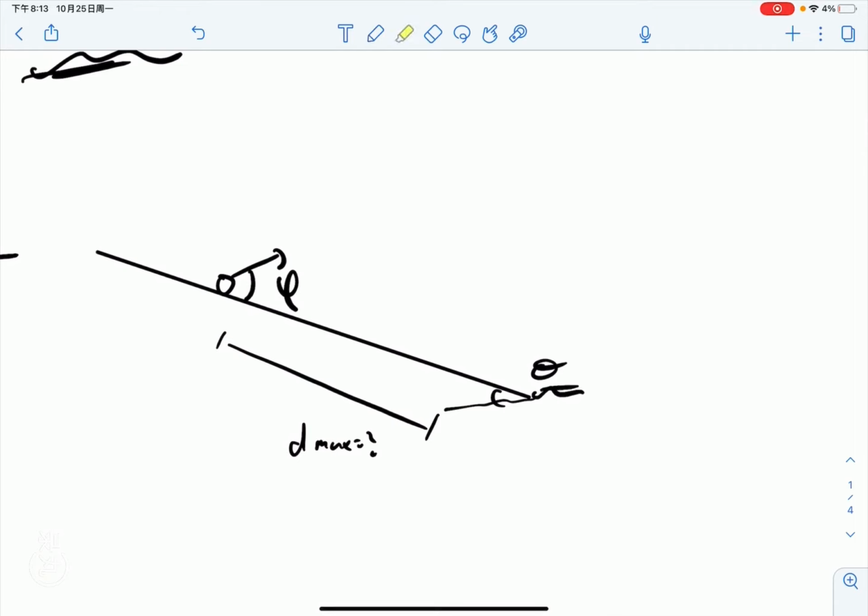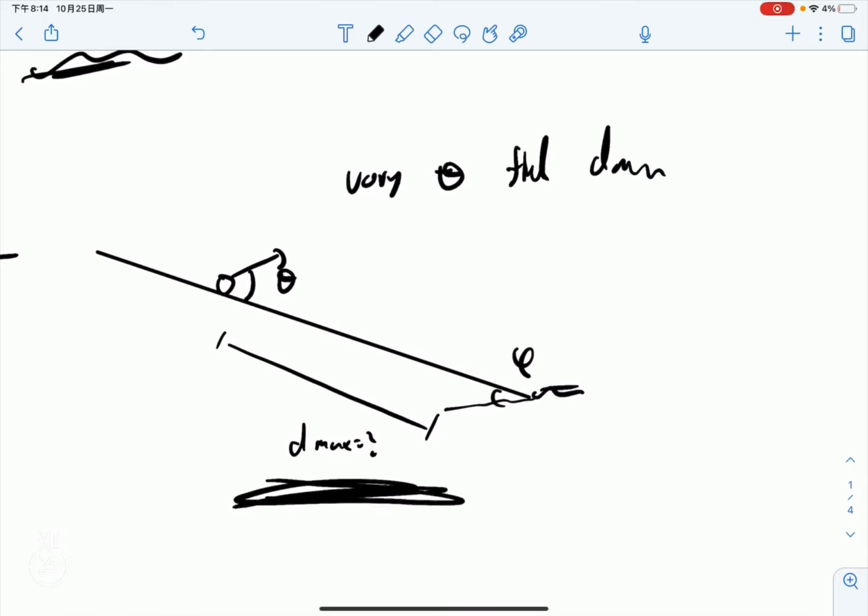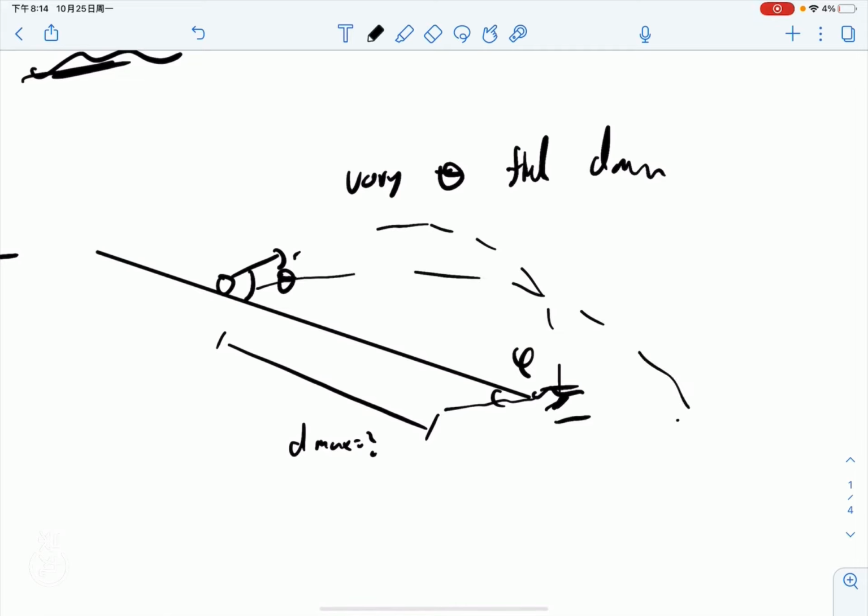You can vary theta, and you want to find the maximum. So what is the maximum it can travel on the plane? Like here is the maximum? I don't know. And here is the maximum? Maybe. It's kinda like this.